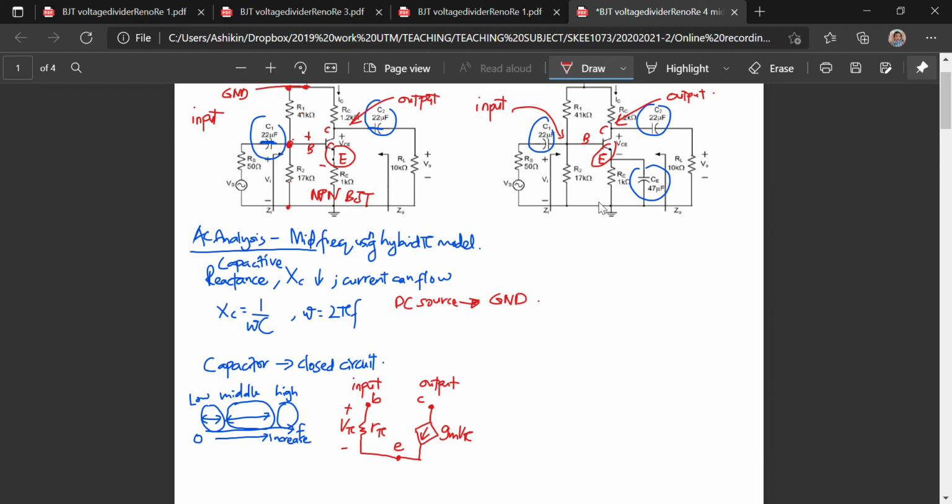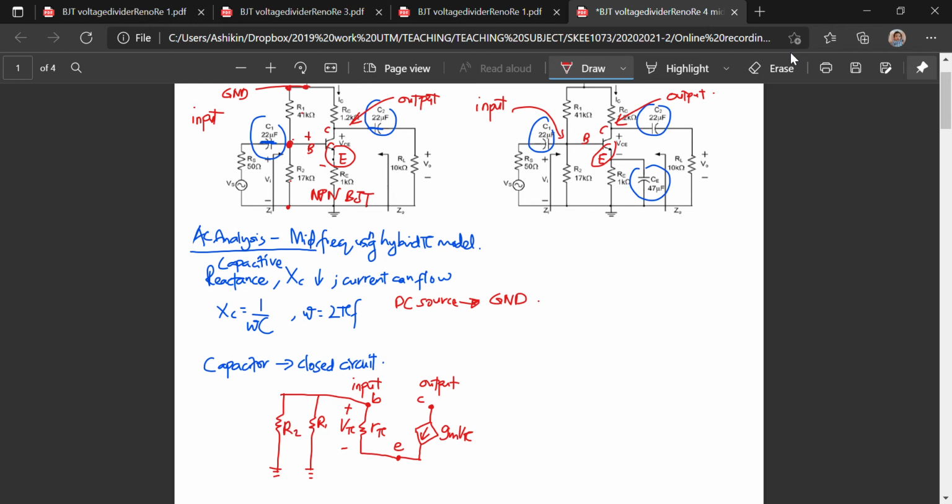So at the base we have R1 and R2. I erase this first. Okay, R1 and R2.